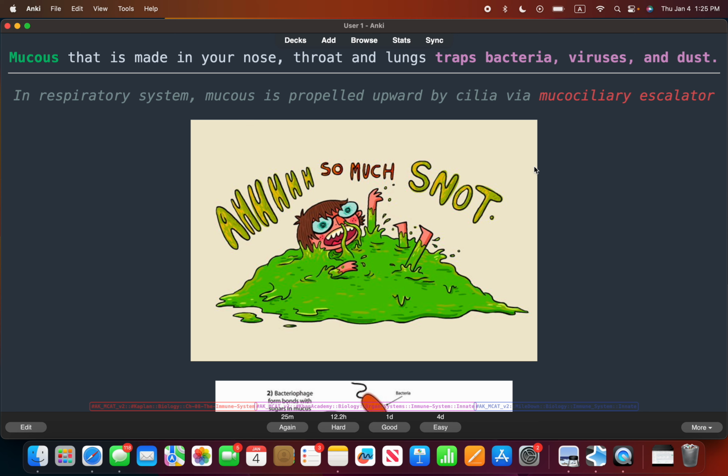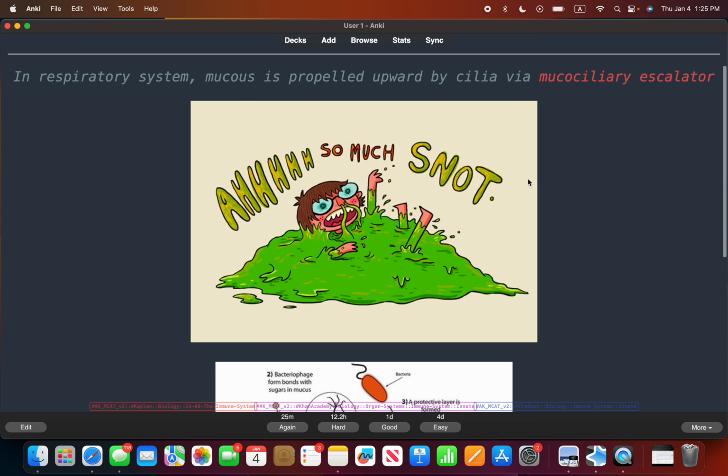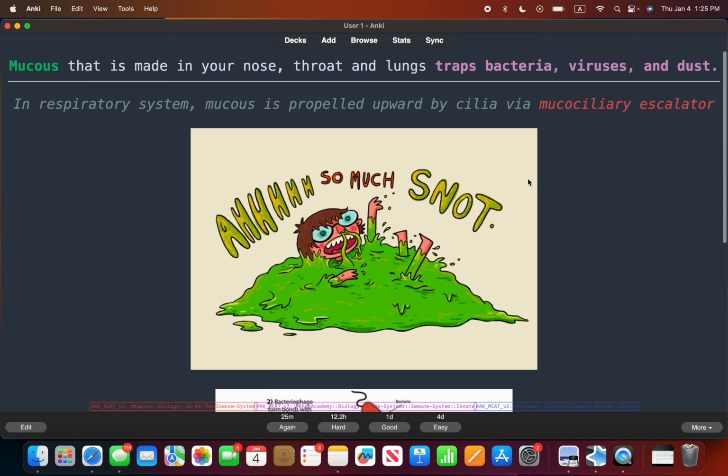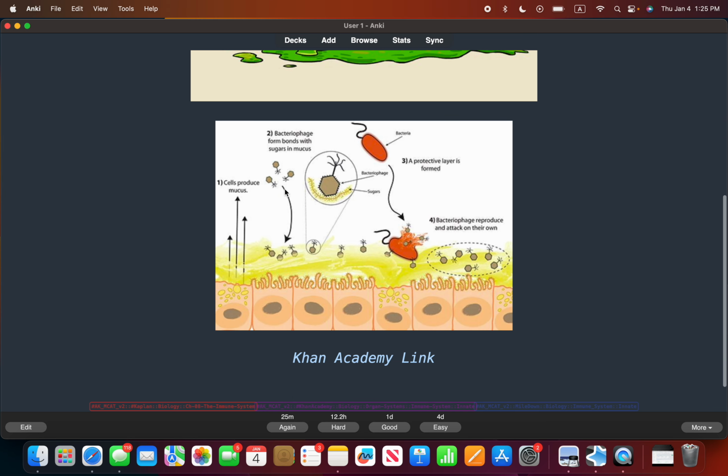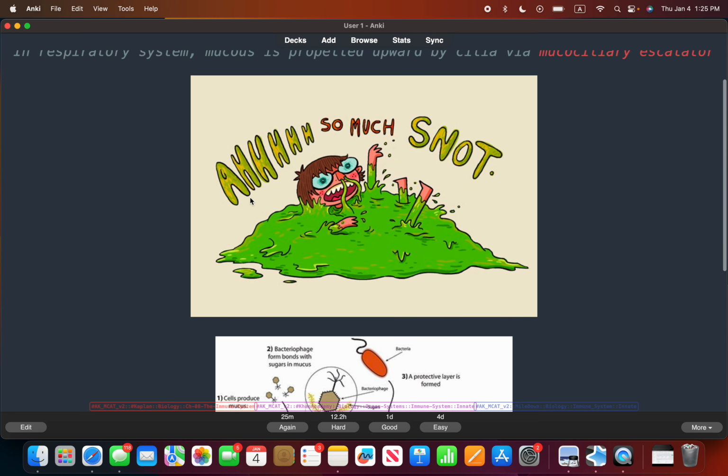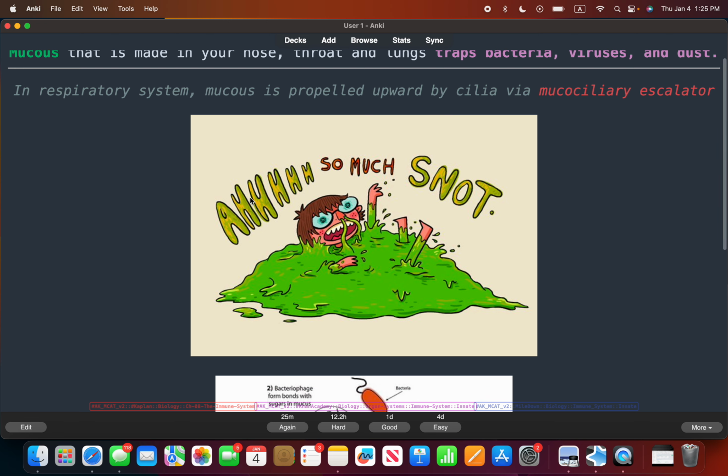So it is cilia that have the mucociliary escalator that propels mucus upward. The first step is that the cells produce mucus. So the question is, what type of cells produce mucus?